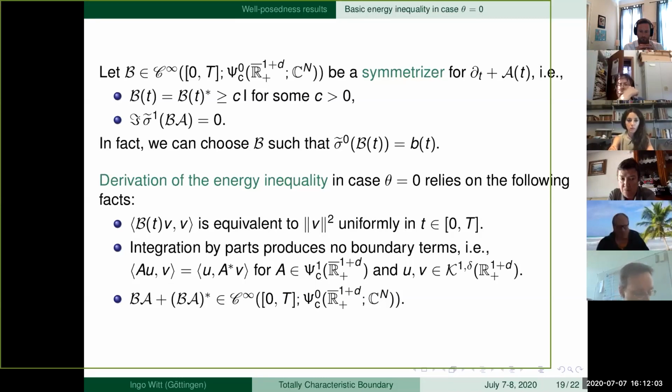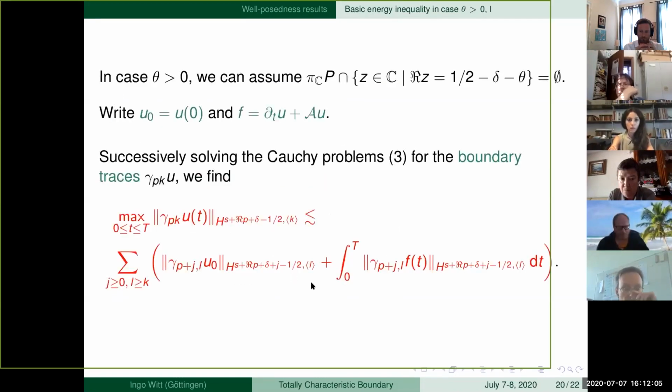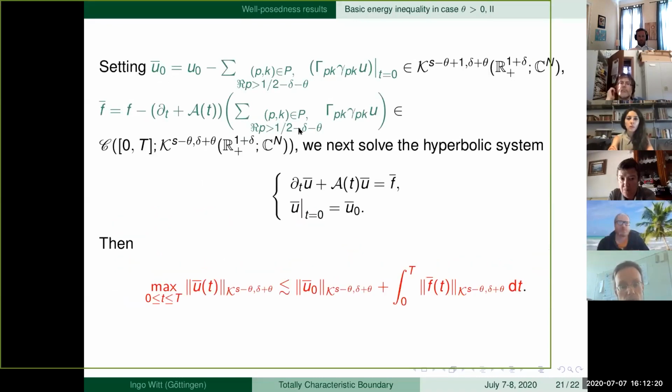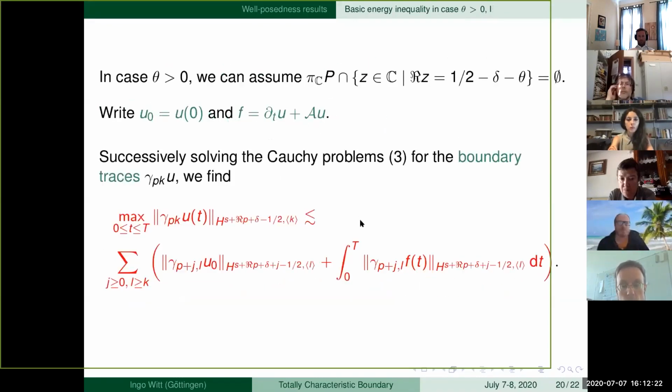Now, the second step: we allow asymptotic terms. First of all, we can assume that we are in the generic situation, as we get the general case by interpolation.